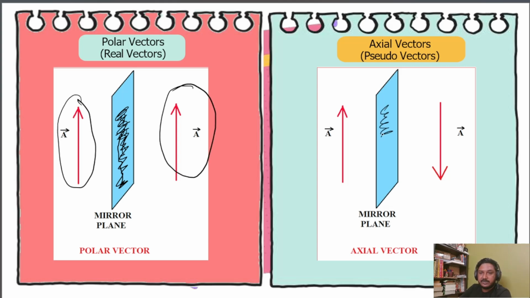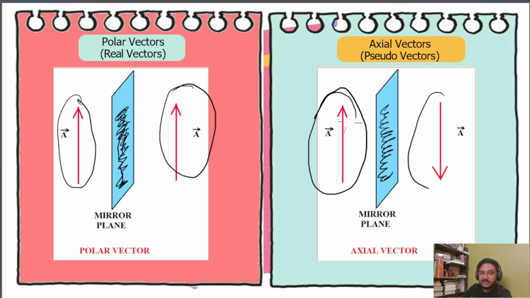But if we have an axial vector out here, which is the vector A, on reflection through a mirror which is placed parallel to this vector, the reflected vector is in the opposite direction. That is, the vectors which are associated with rotational motion, their direction changes.